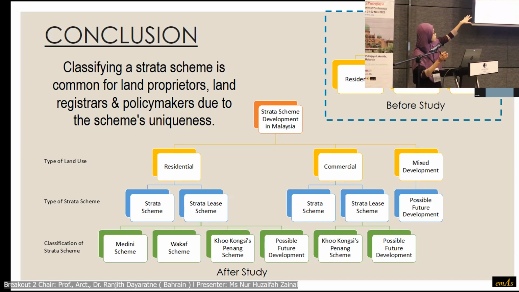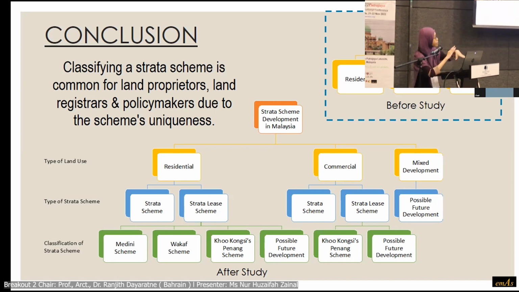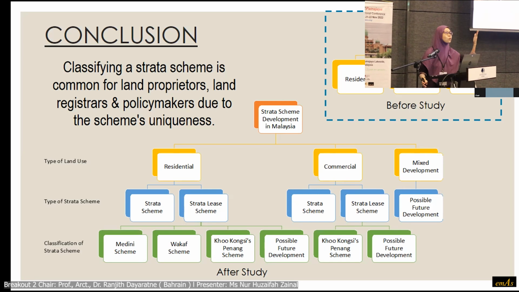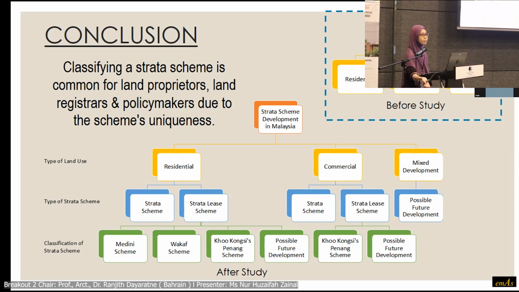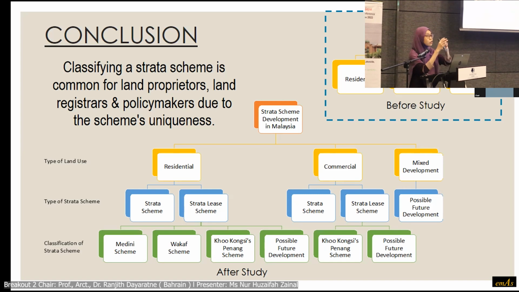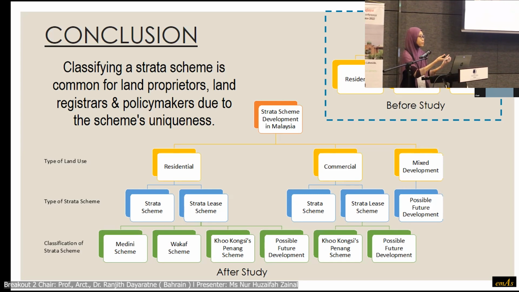But under these schemes, there is another identification: the Medini scheme, the Wakaf scheme, the Kukongsi scheme, the private scheme. Although they use the same law, they are governed and administered according to the uniqueness or the intention of why they were developed.